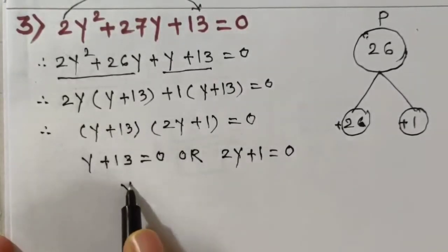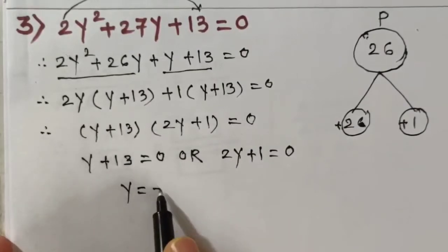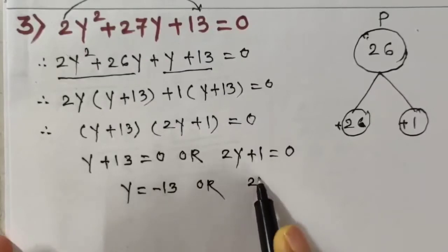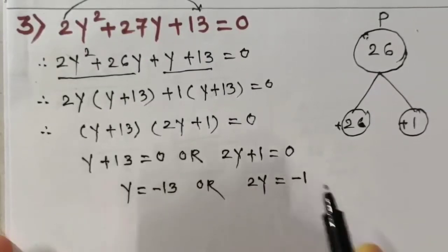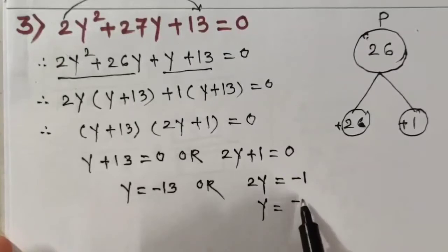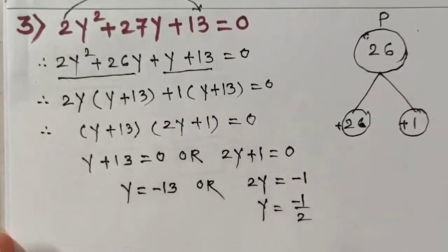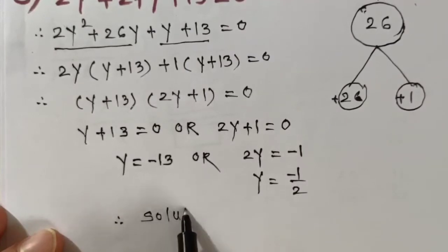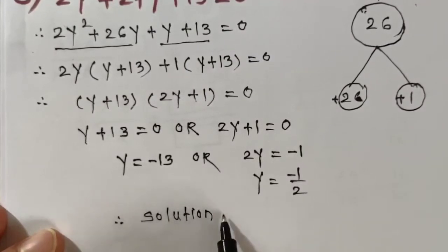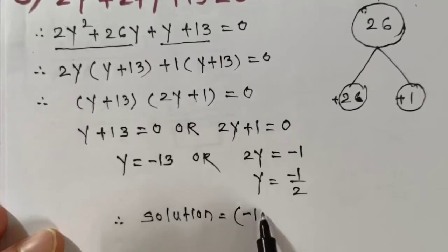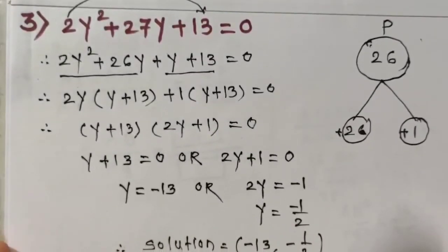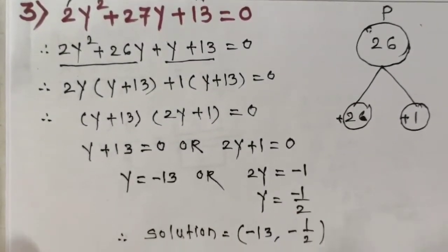Now simplify and find the value of y. y is equal to minus 13, or 2y is equal to minus 1, so y is equal to minus 1 upon 2, and therefore the solution of this equation is minus 13, minus 1 upon 2. So in this way we can solve quadratic equations by factorization method.